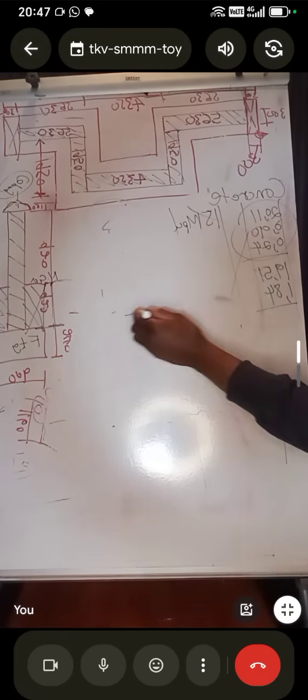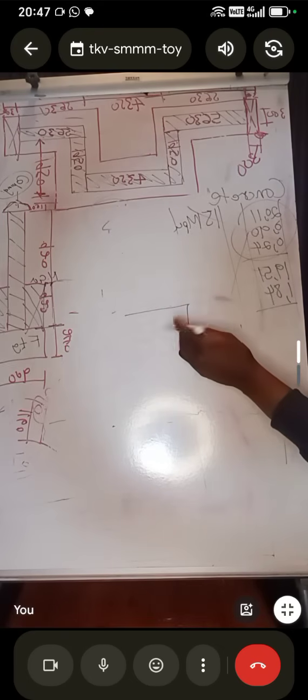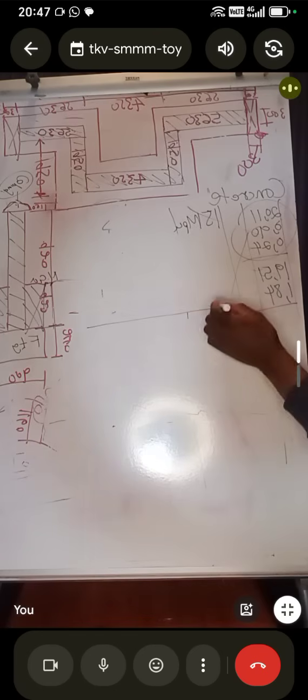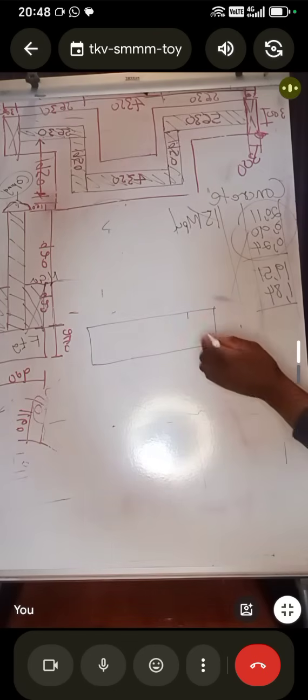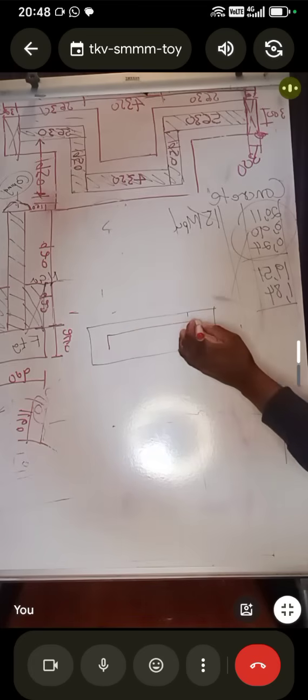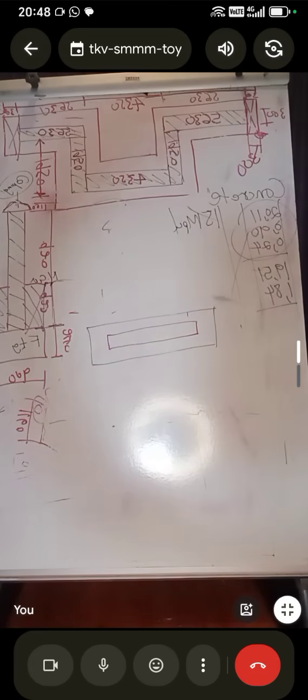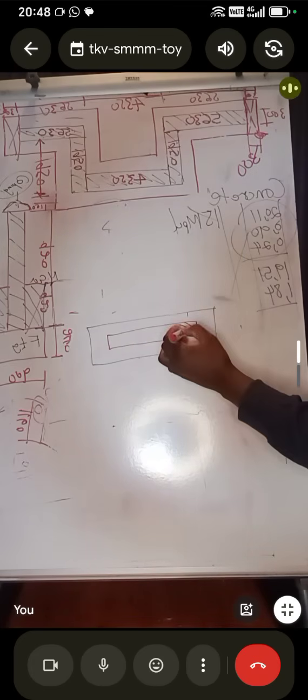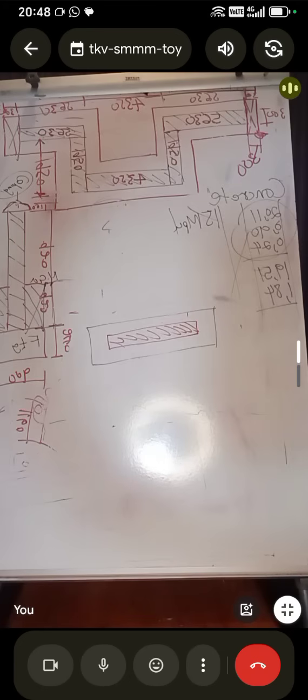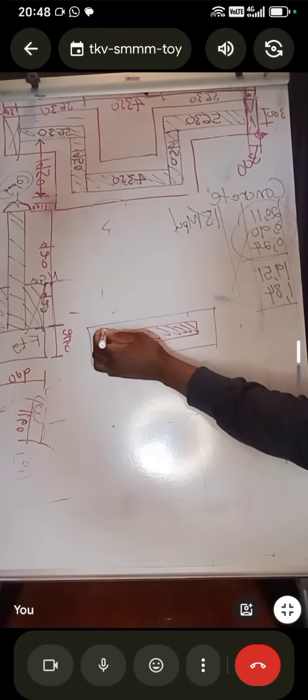This is a trench. And I'm gonna draw a brick wall inside. This is a brick wall. But we know that we have to backfill inside. We have to backfill. Let's say we're cutting it like this. But both of these sides must be backfilled. You understand?